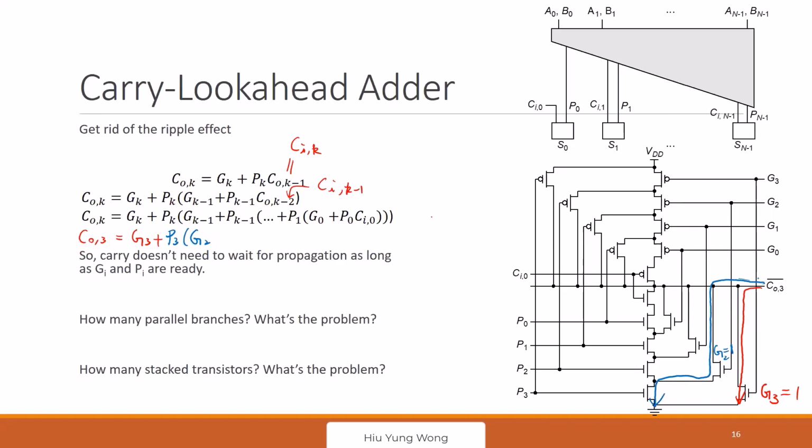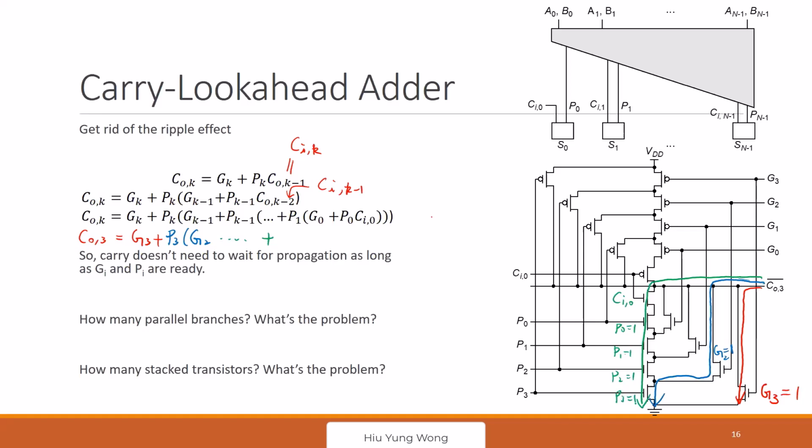It has many paths. Let's look at the last path. It can also go through this one, right? What does it mean? How can I make this on? I need Ci equal to 0, P0 equal to 1, P1 equal to 1, P2 equal to 1, P3 equal to 1.